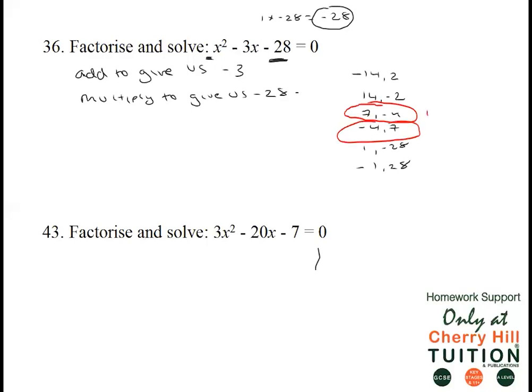So let's label this 1 and let's label this 2, and let's check which one gives us the correct answer. So for 1, 7 minus 4 gives us 3. For 2, minus 4 plus 7 gives us 3.